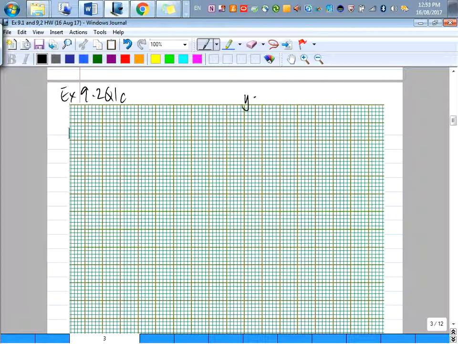So for the graph of y equals x cubed plus 5, I will create a table starting from negative 3 all the way to 3. 3, 2, 1, 0, negative 1, negative 2, negative 3. Okay, and x, y.